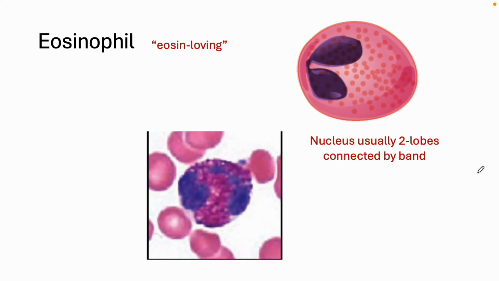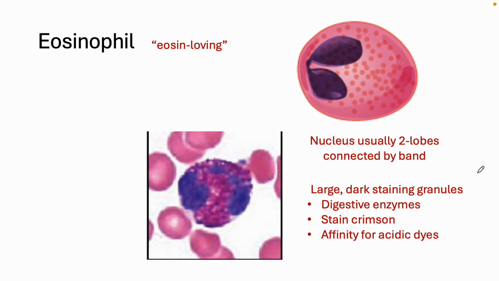And then the granules are going to contain digestive enzymes. So they are somewhat like lysosomes. These digestive enzymes help to counteract certain things, especially parasitic worms, such as flatworms and roundworms.